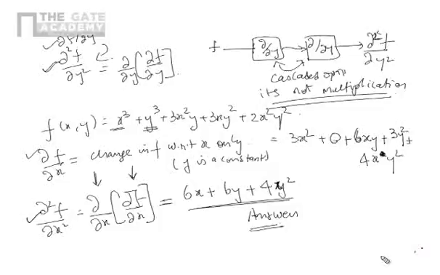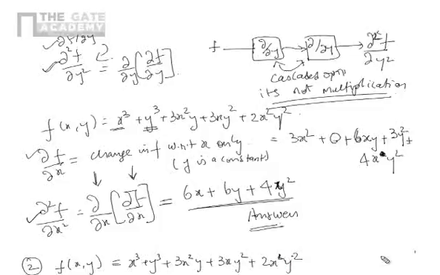Okay. Now let us take another problem, or rather the same problem. We will try to find something different. And through this problem we will understand some concepts also. x³ + y³ + 3x²y + 3xy² + 2x²y².